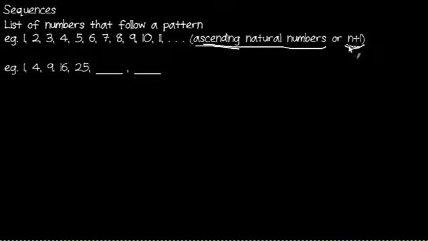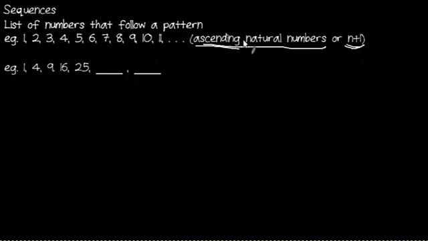And the n simply is the place in that sequence. So the nth place, 1, 2, 3, 4, 5, 6, 7, 8, 9, 10, 11. So that n plus 1 then gives us the next value in the sequence. So we have n, which is this, plus 1 is going to be 12, and that gives us the next value in the sequence.